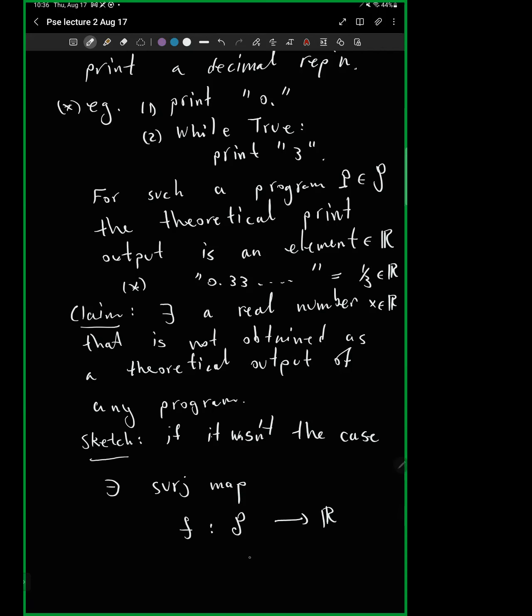By assigning for each computer program the theoretical output. So P goes to the output of P.